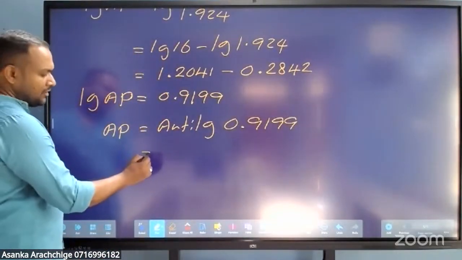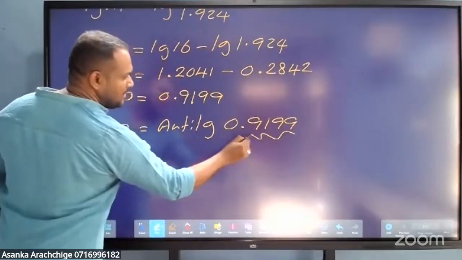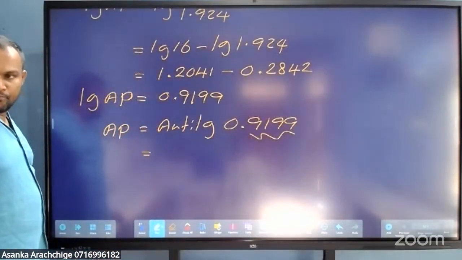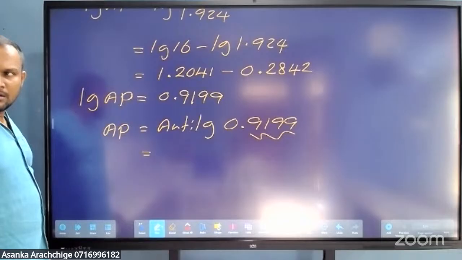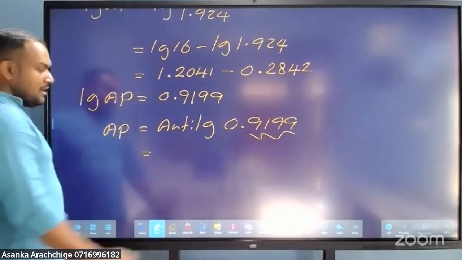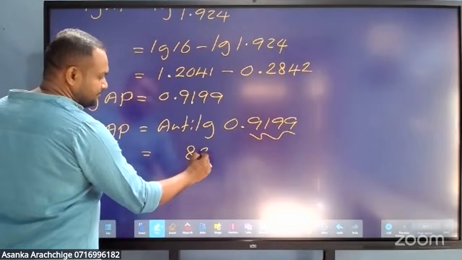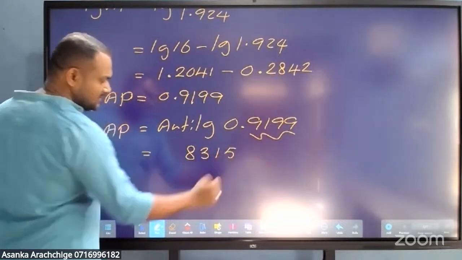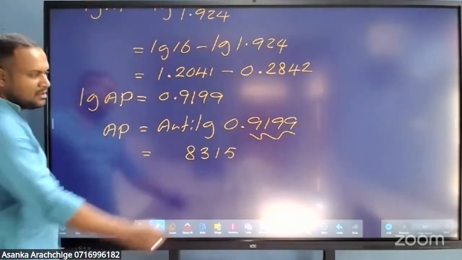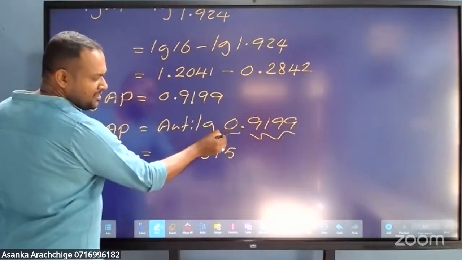Right. What is the location of this mantissa in the table today? 83, 1, 8315. Right? Then the characteristic is 0.